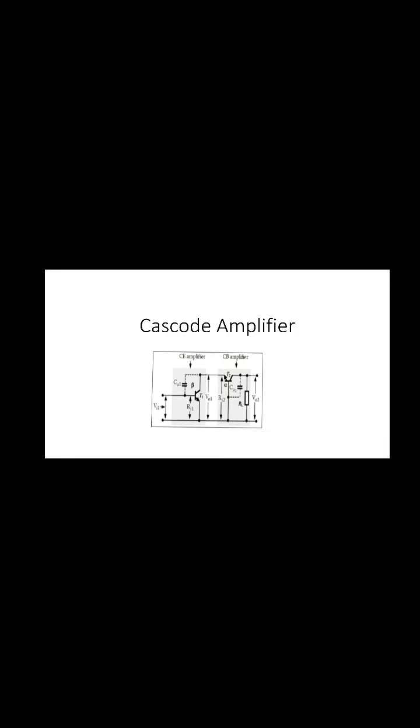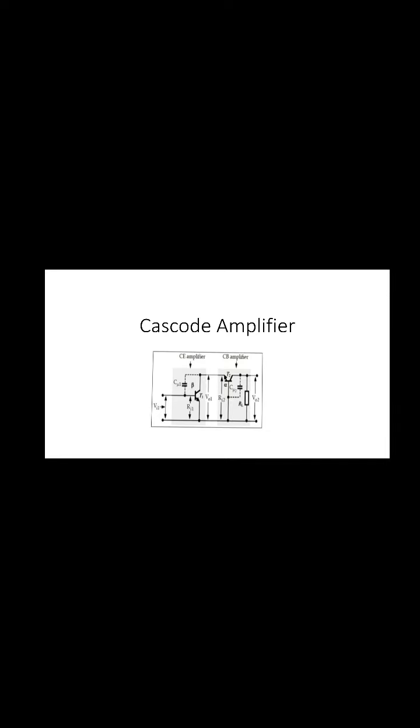So we have to take the output across the collector of the common base, that is V02. Its input impedance is Ri2. Its output voltage is V01. Input impedance is Ri1 and input voltage is Vi1.